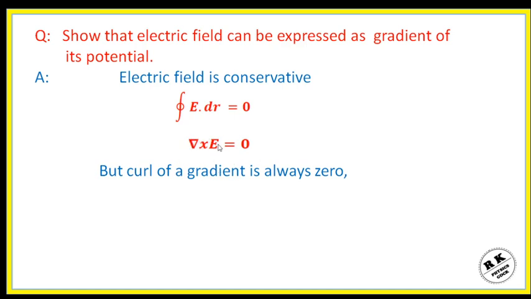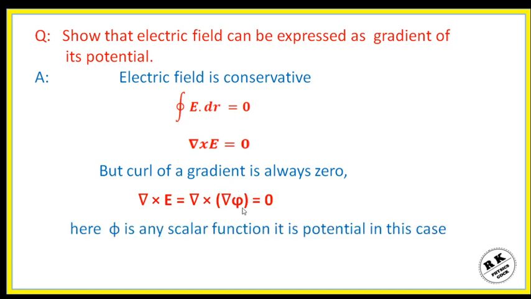Since here the curl of the electric field is 0, we can express this electric field as gradient of something. So from the laws of vector calculus, we can write this electric field as gradient of some scalar function. In this case, the scalar function is electric potential.